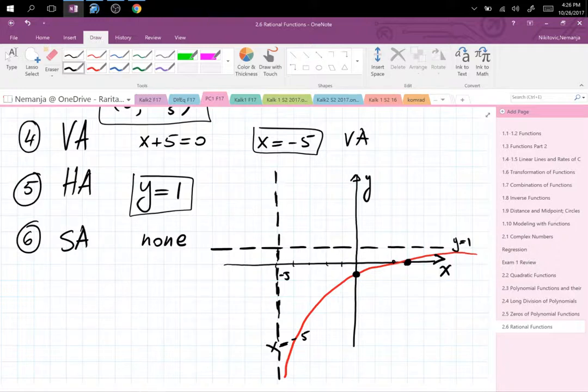You are never allowed to stack functions on top of each other, because it stops being a function. It fails the vertical line test immediately. So you can go piece and then the next piece and the next piece, side to side, never on top of each other.